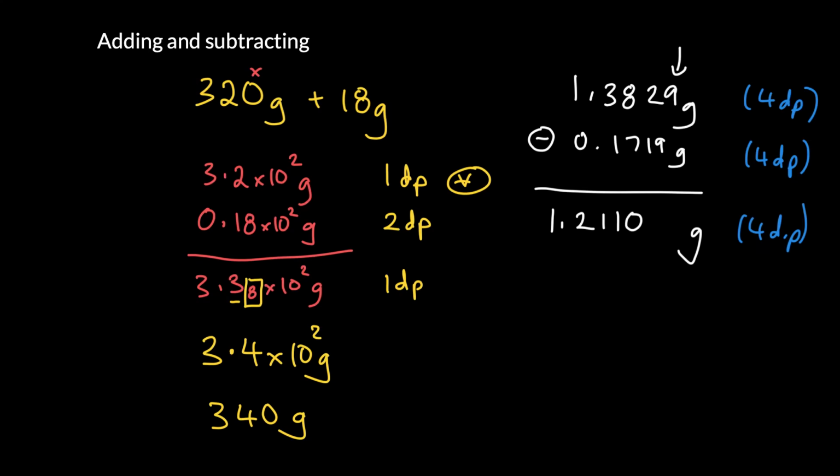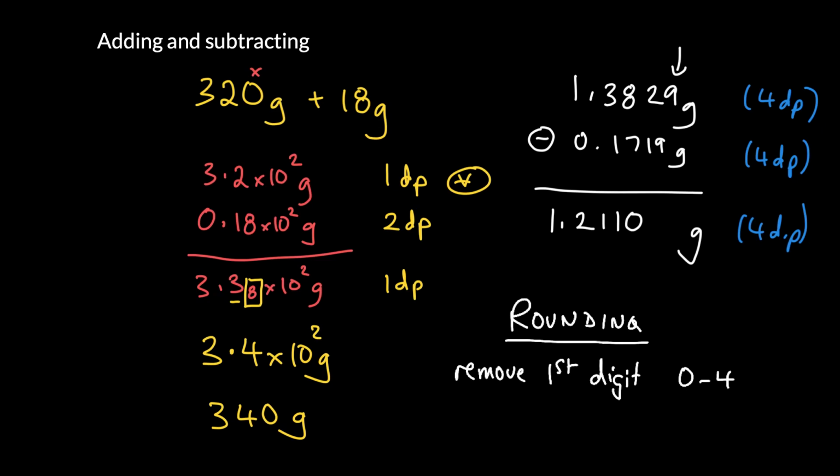Now, in terms of rounding, we haven't really discussed rounding too much before. And in general chemistry we oftentimes just removed the first digit that was insignificant, and if it was a 0, 1, 2, 3, or 4, we basically just removed it and went on with our life.